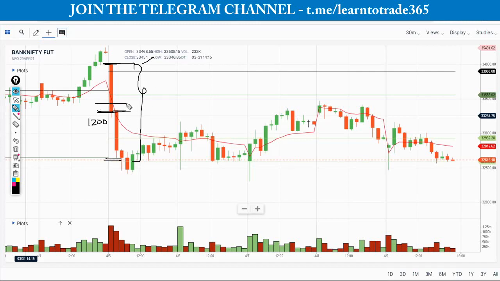This midpoint zone, this entire zone, will play an important role to check how the sellers are reacting. If the buyers who are trying to come in at every lower level are really stronger, they should cross this midpoint range and auction above it, so that the strength of the sellers who have pushed the price down will be tested.